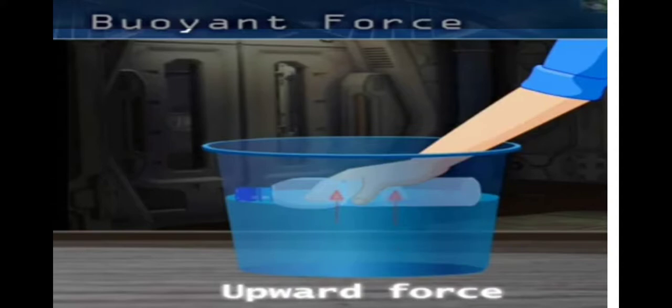Now try to push the bottle into the water. Is it possible to push it easily to the bottom of the bucket? Why? It is not easy to push the bottle to the bottom of the bucket. This is because the upward force exerted by the water on the bottle opposes the downward motion of the bottle.